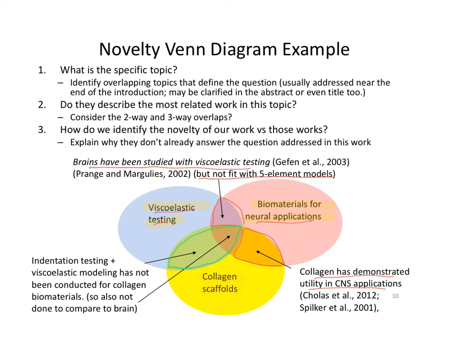By extension, those things have not been compared to those of the brain, even if the brain has been tested in viscoelastic testing like that. This clarifies exactly what they're doing that is different from other people, which you certainly can't get out of just looking at the significance pathway and the final approach.